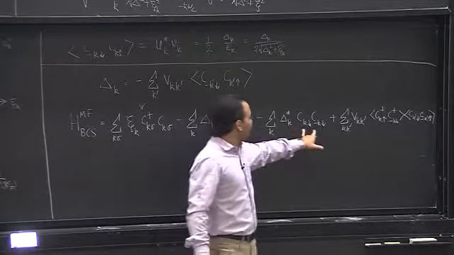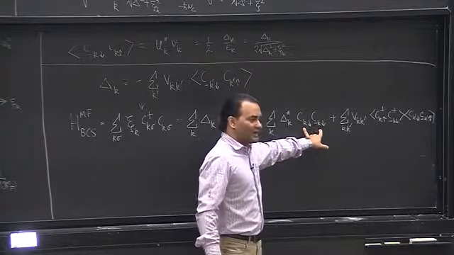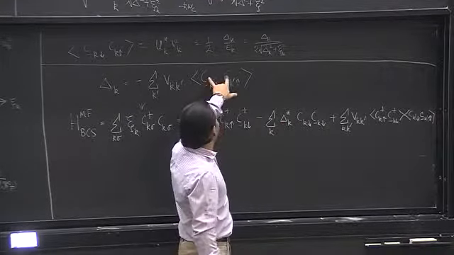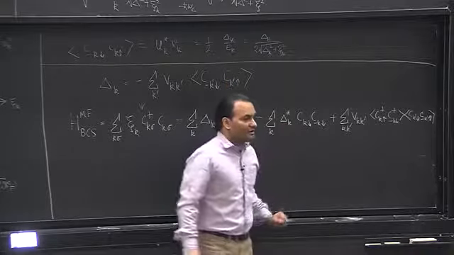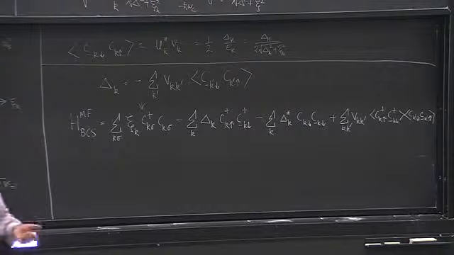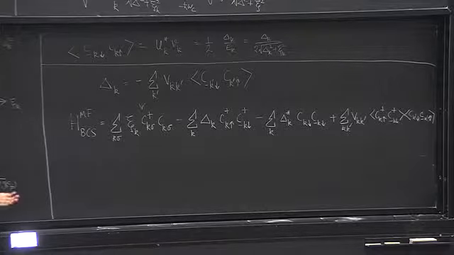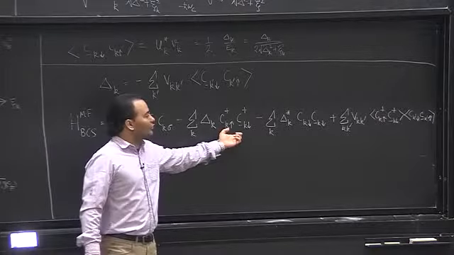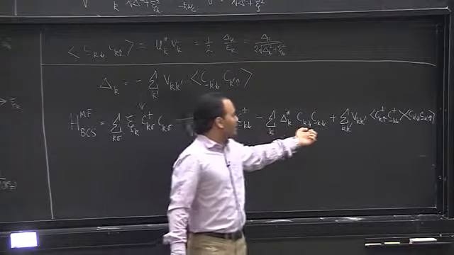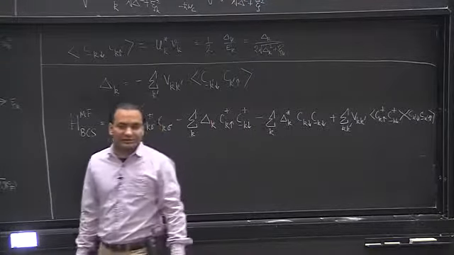Similarly, you will be left with a term that has 2 annihilation operators, and now you have delta K star here, which is the expectation value of 2 creation operators. So this Hamiltonian is quadratic in the sense that it only includes 2 operators, but it does have operators in a very weird form. It now includes a term that has 2 creation operators and a term that has 2 annihilation operators.